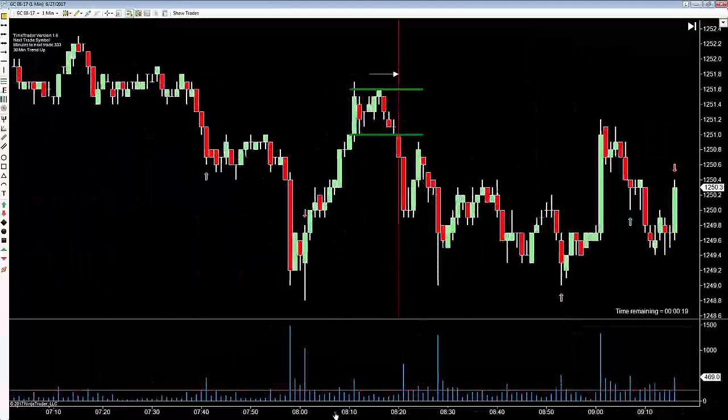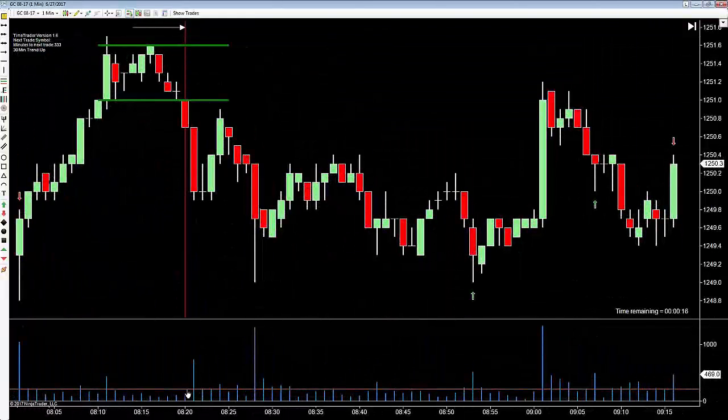Looking at this, price is under 200, or volume is under 200 right here.